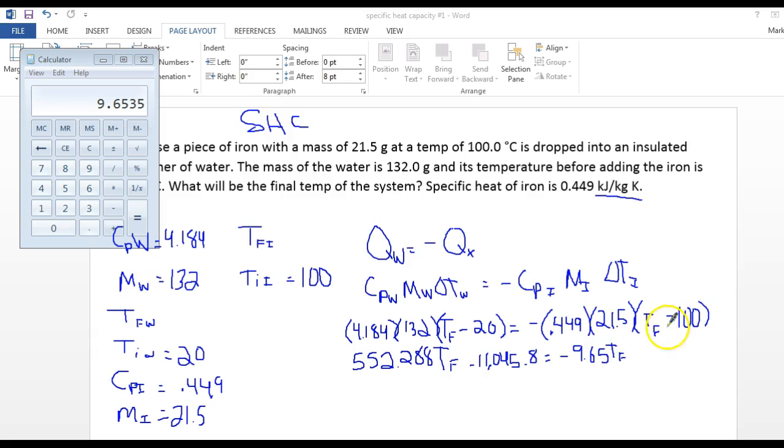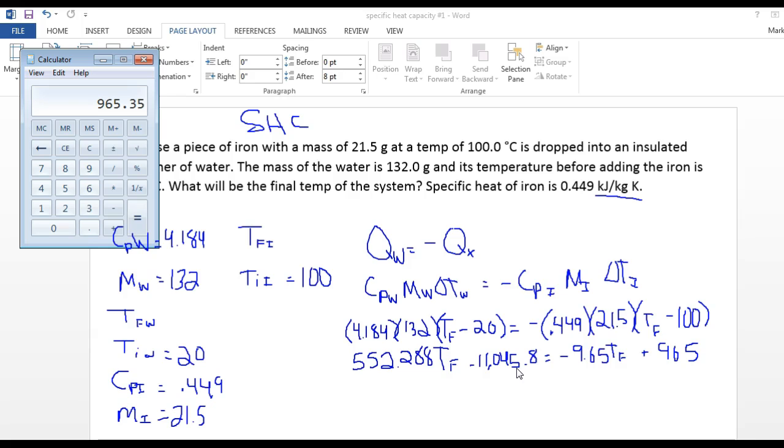It's going to be a negative, so this makes this a positive 965. Okay, now we'll just double check it to make sure I didn't make any errors. Yep, so 965.